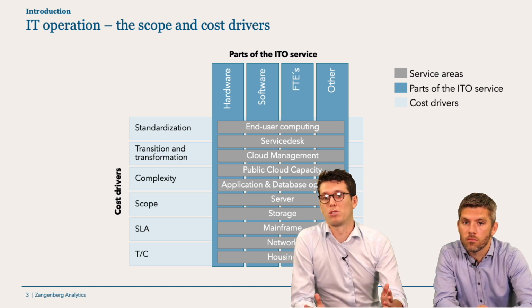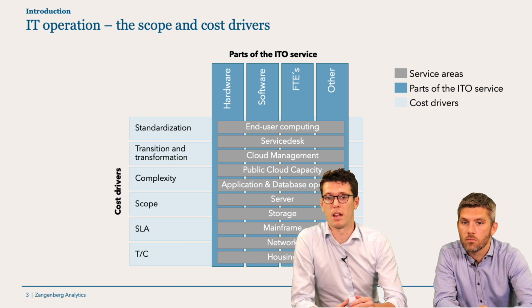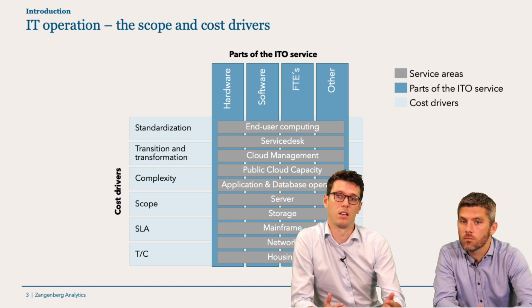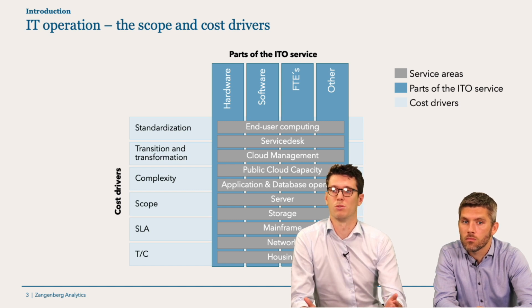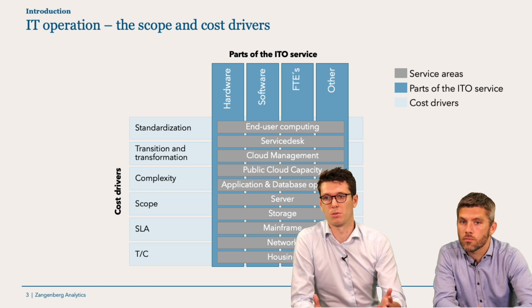And then there are, of course, things like the complexity and the scope, how much is actually included in the ITO agreement and how complex are the services delivered. And then there are the contractual terms such as the SLAs and the contractual terms and conditions in the agreement.